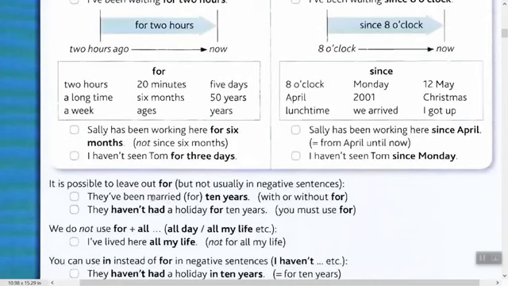So, when the sentence is positive, for is optional. You can write it as a note. When the sentence is positive, for is optional. Optional or obligatory? Optional. Why? Because it is positive. So it means that we can put it or we can delete it, with or without for. This is number 1.